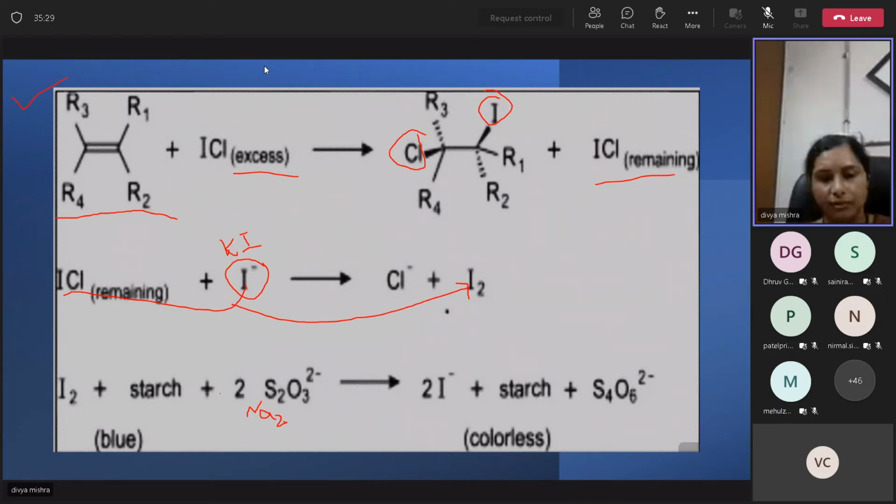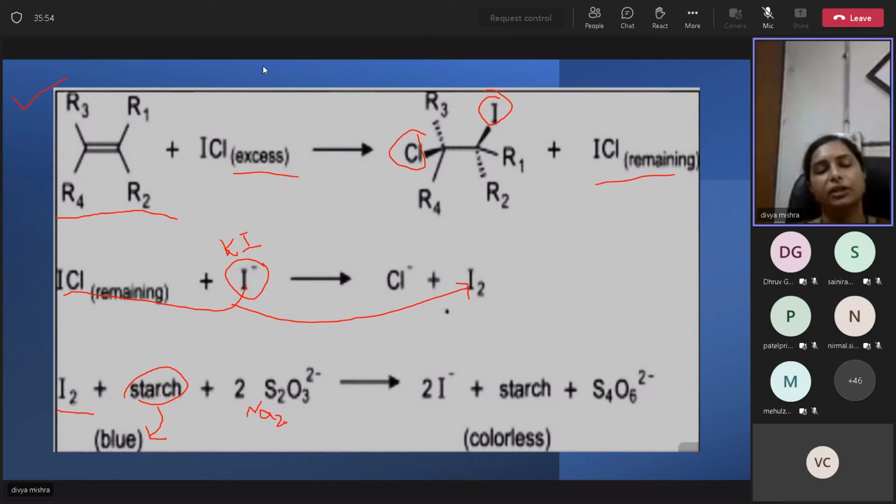After addition of the sodium thiosulfate, the solution will turn pale yellow. After that, add the starch. When we add starch, it will directly turn blue because iodine is present.